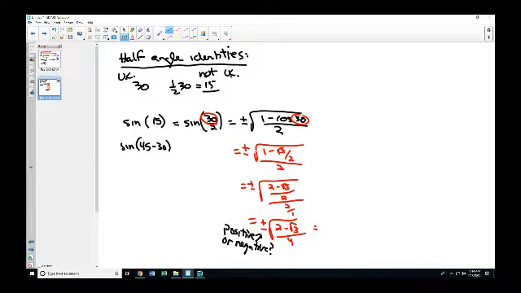It's 15 degrees, sine at 15 degrees. Positive or negative? Positive, because it's in quadrant 1. And that's a big note.